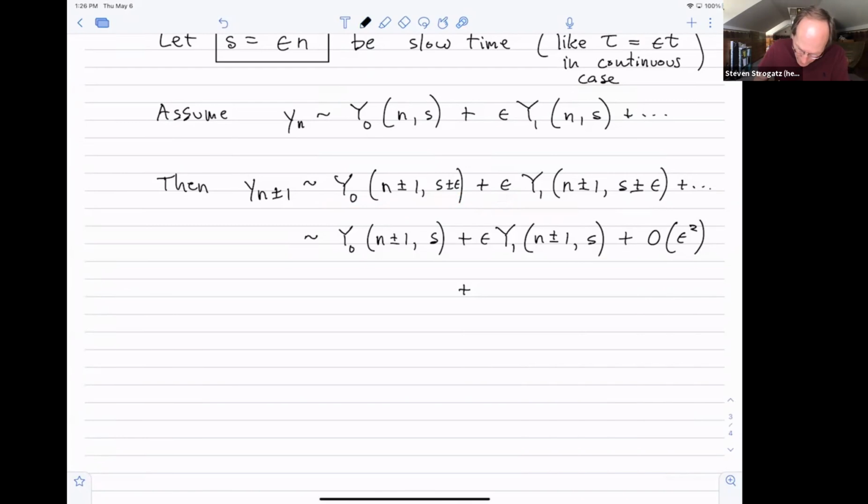It's actually going to be plus or minus, because it depends on which of these plus or minus signs I take. So I'm going to get a plus or minus partial with respect to S of y0 evaluated at this point, n plus or minus 1 comma s. Sorry, I forgot the 1.